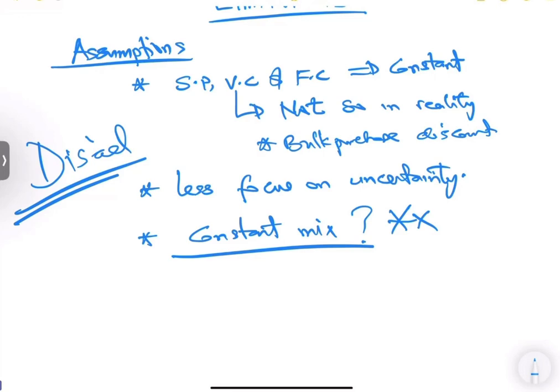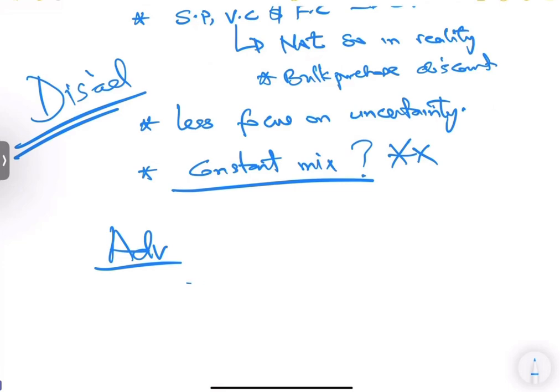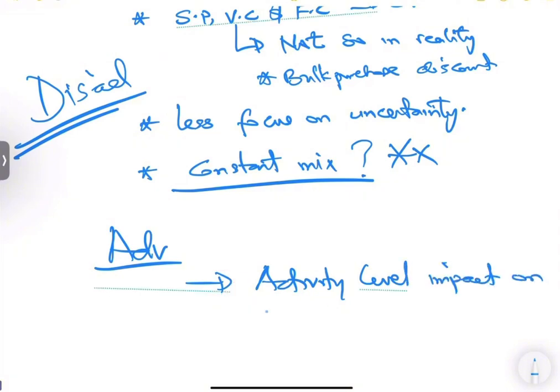One more advantage for CVP is that you use a graph. The first advantage, as I said, is that the impact of activity level on profitability can be examined using this.